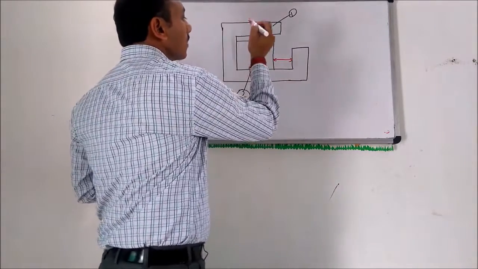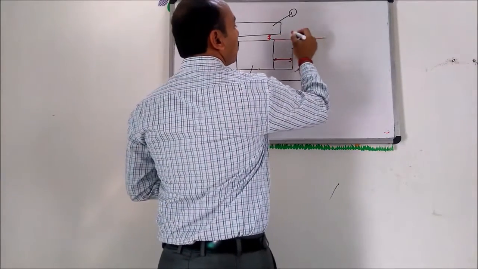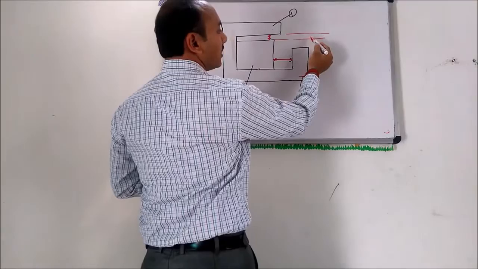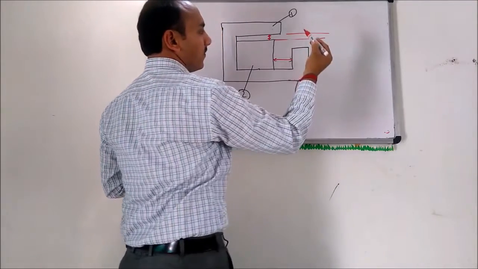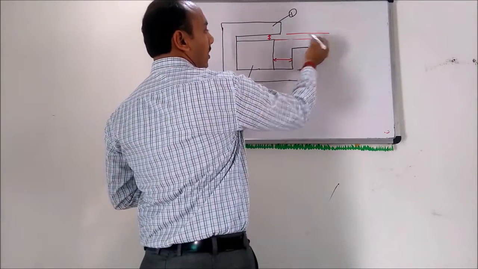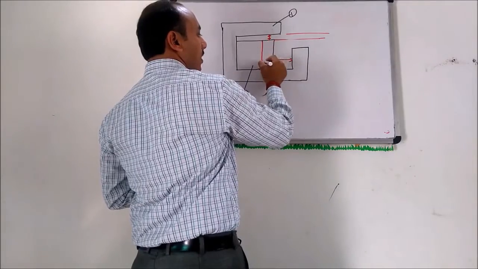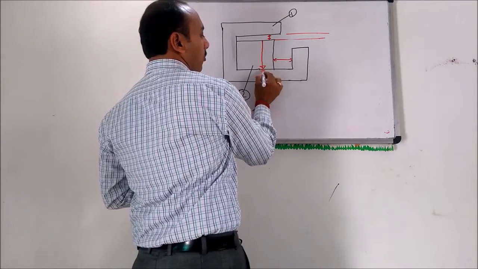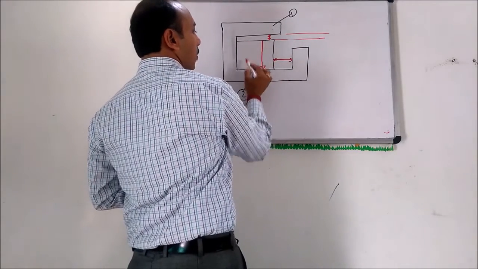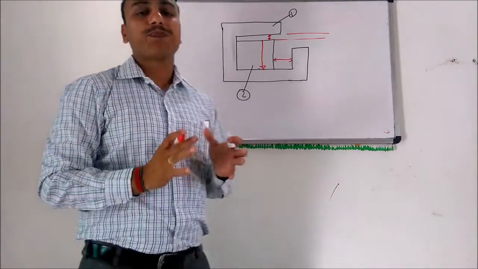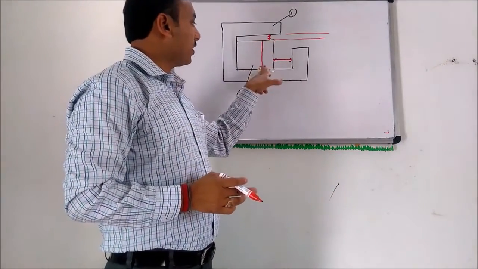To find this gap, we can start from this surface or this surface. So let's start from here. I will go from here to here, and now I am over here as we have this block length. So we can move from here to here.